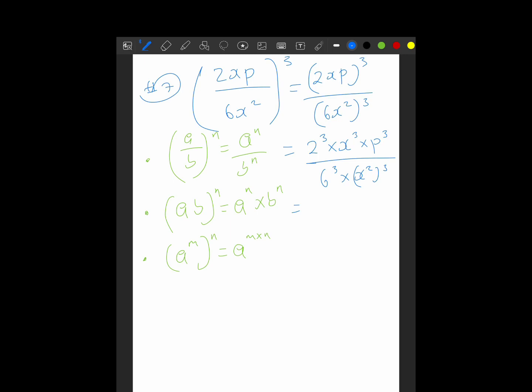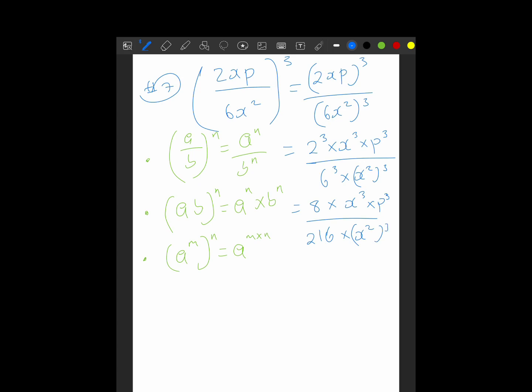It's 8. 2 times 2 is 4, and 4 times 2 is 8. So 8 times x cubed times p cubed over 6 power 3, which is 6 times 6 is 36, and 36 times 6 is 216. So it's going to be 216 times x power 2 times 3.